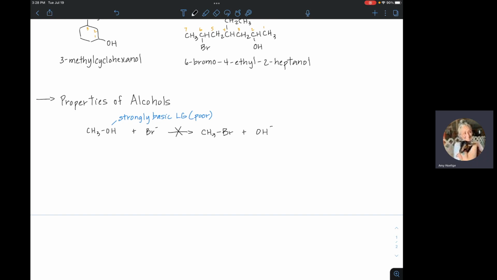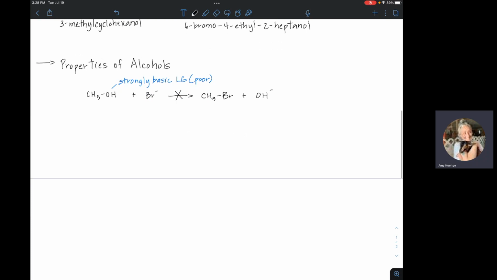But here's the deal. If you convert that hydroxyl group into a weaker base somehow, like say you decided maybe if I protonate the hydroxyl group, then the leaving group is water, right? You can change this around and actually make that alkyl halide, just by changing the reaction conditions.